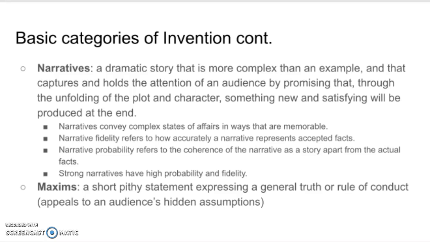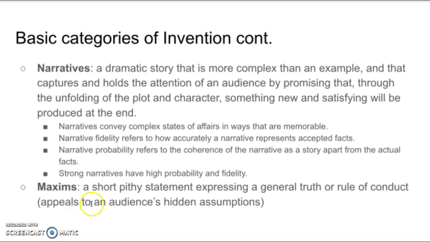So in other words, when it accurately represents accepted facts and when the coherence of the story checks out. In other words, the story makes sense in the way that it's told. And of course, we can see that with narratives and examples and even testimony, there's a little bit of an overlap with each of these kinds of proofs, but they do have a fine layer of distinction.